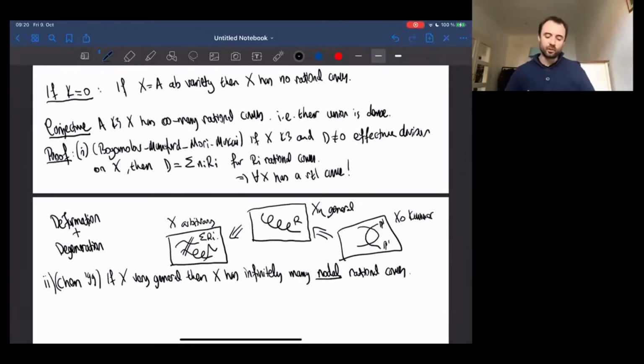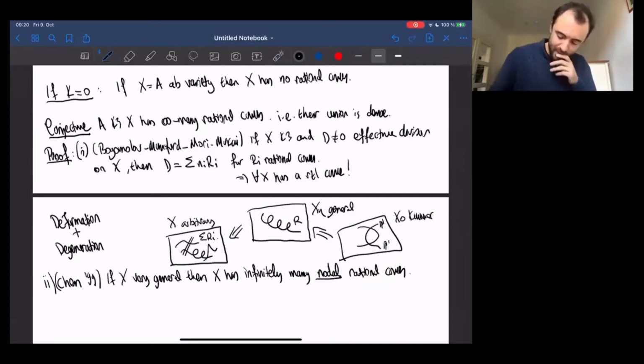Okay, so we've constructed one on every K3, but Chen in fact tells us that if the K3 is very general, then the conjecture is not only true, but true in a very strong sense. We can find rational curves that are extremely nice. This is proved by taking a very elaborate and technical type 2 degeneration to the union of two rational surfaces and constructing the rational curves there, similarly to how we constructed them in this case here, and then moving them back to the very general K3.